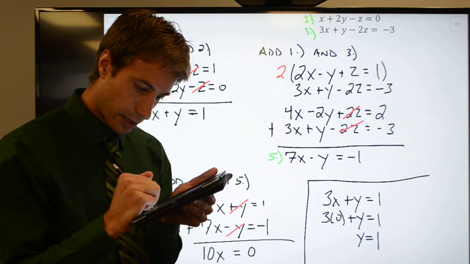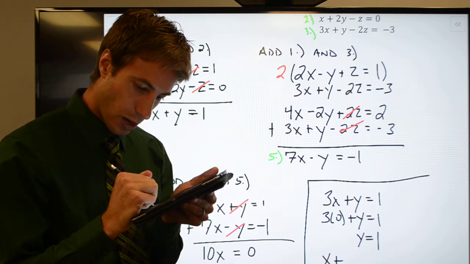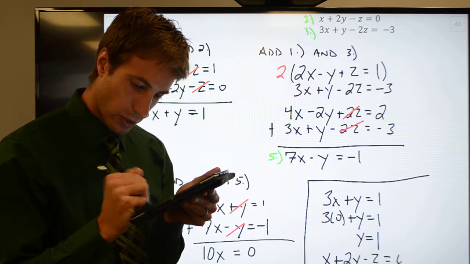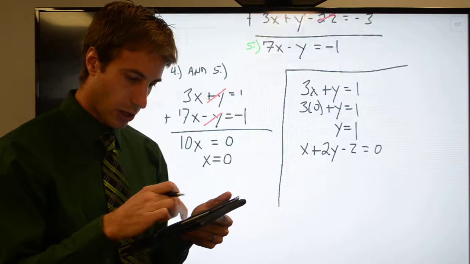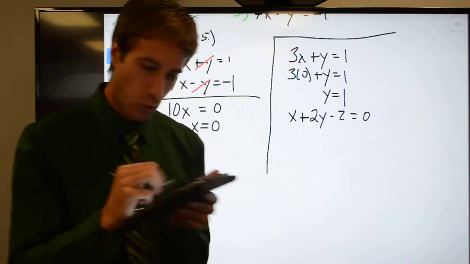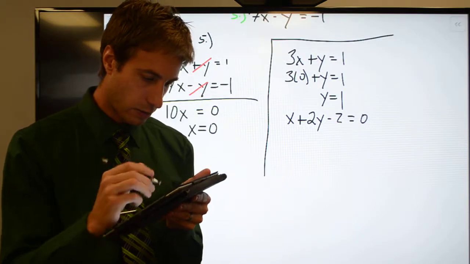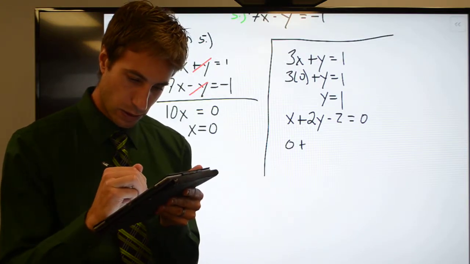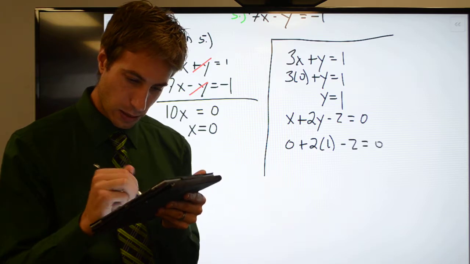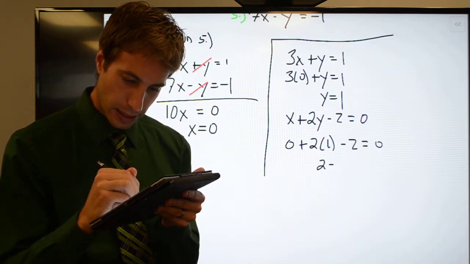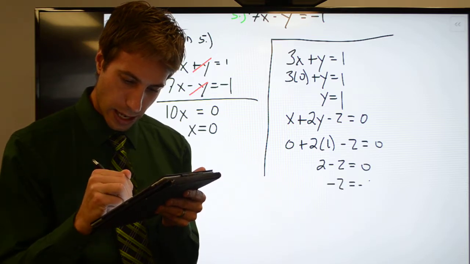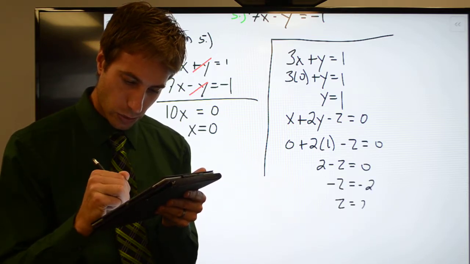It is x plus 2y minus z is equal to 0. And let's go ahead and plug in what we know. X is 0, y is 1. So I have 0 plus 2 minus z is equal to 0, minus z is equal to a negative 2, which means z is equal to 2.